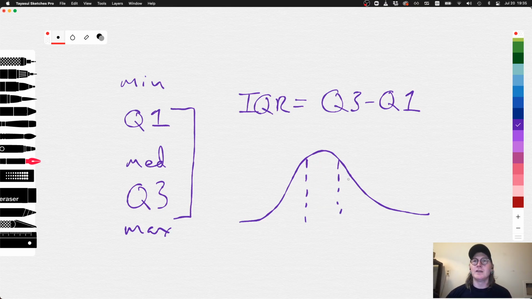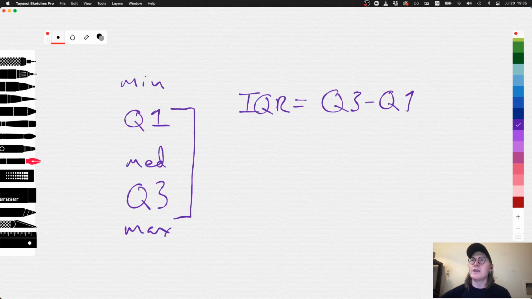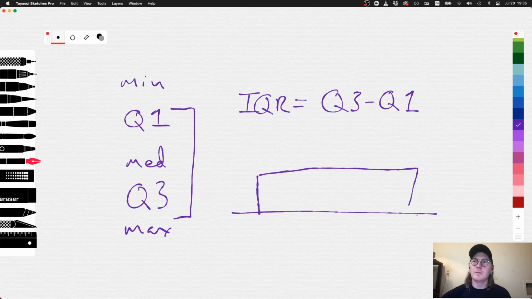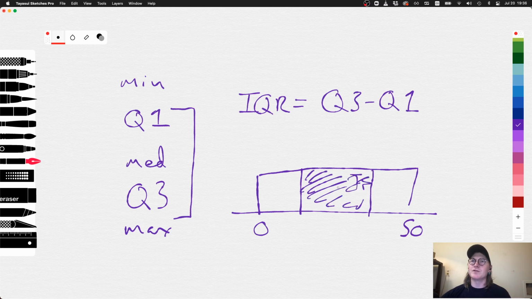This is a little bit misleading because it's a normal distribution, but we could think about it as if we have a bunch of equally probable numbers between, say, 0 and 50. There is going to be this middle 50%, where 50% of our values are coming from. We can think about this as the IQR, and as being representative of our data.